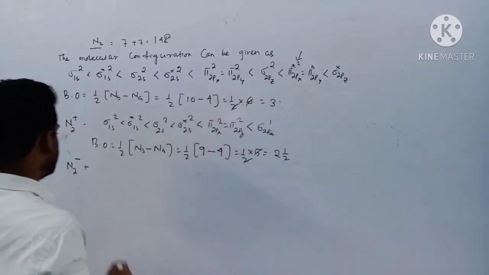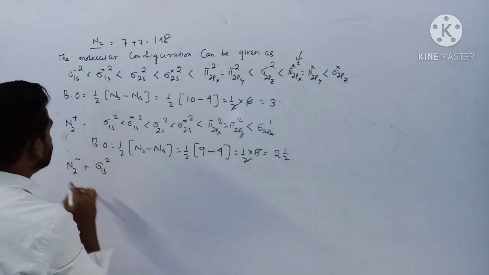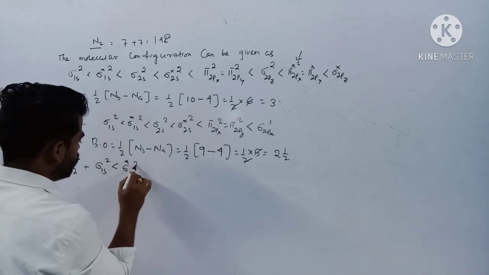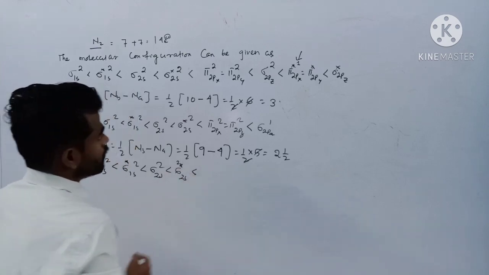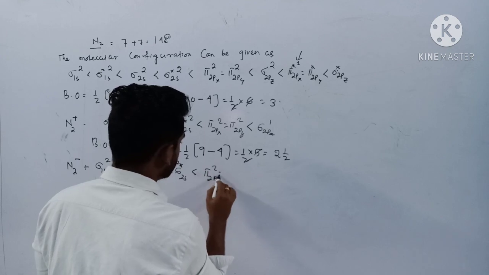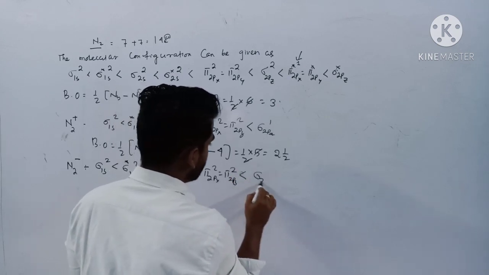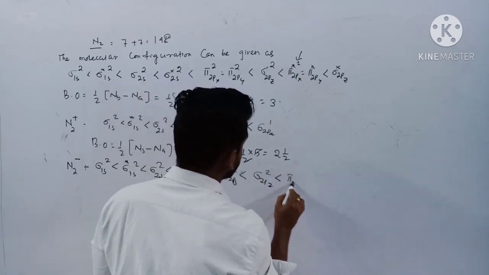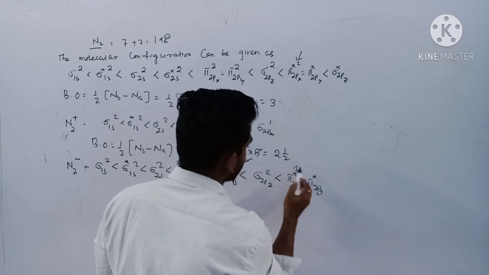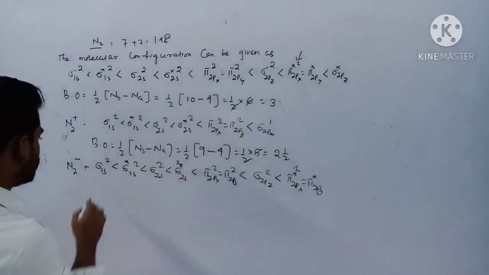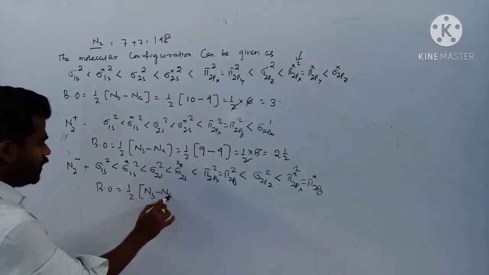The molecular configuration for N2 minus is sigma 1s2, sigma star 1s2, sigma 2s2, sigma star 2s2, then pi 2px2 equal to pi 2py2, less than sigma 2pz2, and here pi star 2px equal to pi star 2py, antibonding orbitals will have 1 electron. Now calculate bond order, half into Nb minus Na.